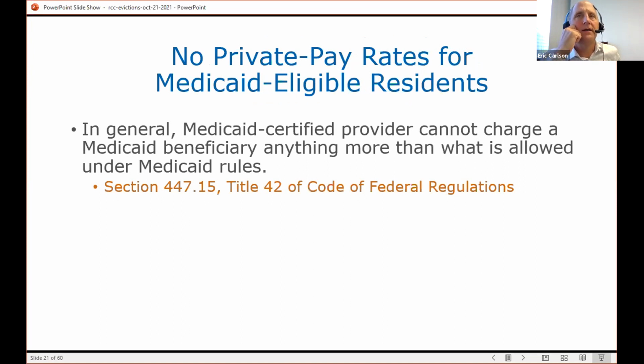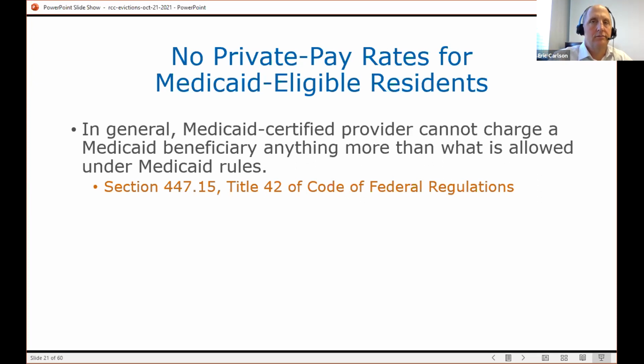They have been unfortunately common over the years, and they're contrary to this Medicaid provision, which applies across Medicaid and prohibits a Medicaid certified provider from charging a Medicaid beneficiary anything more than what's allowed. So you can't charge a Medicaid eligible person as a private pay person, for example.